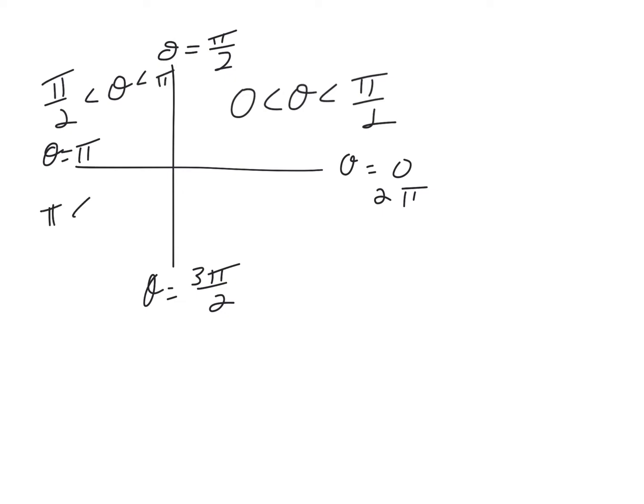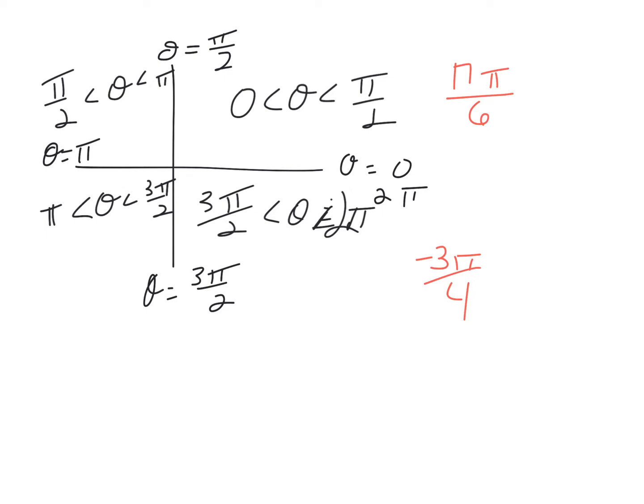Between pi and 3 pi over 2, you're in the third, and then 3 pi over 2 to 2 pi, you are in the fourth. Or equal to, that's just a greater than sign. So keep that in mind when you're given different radians, then you can estimate about where you're at as long as you know your fractions.